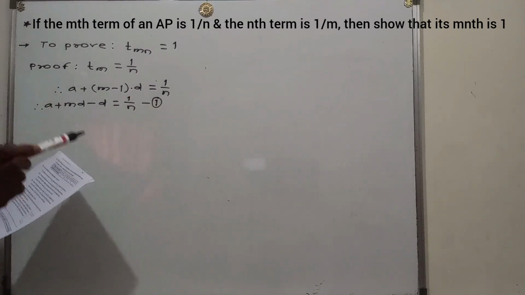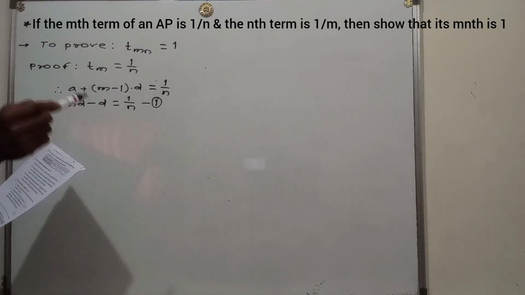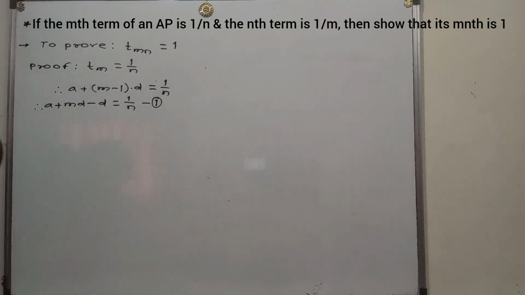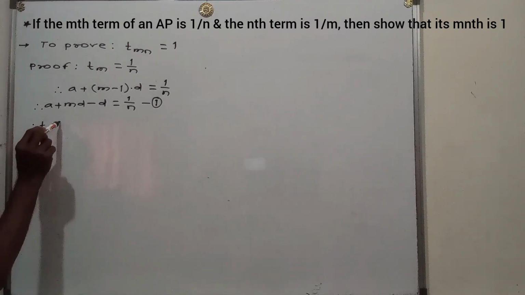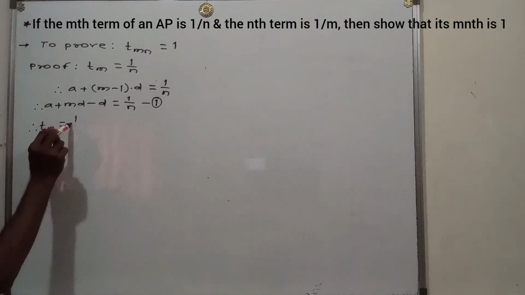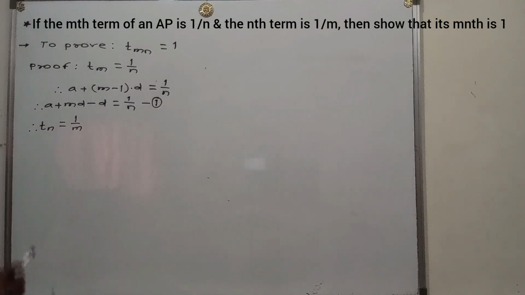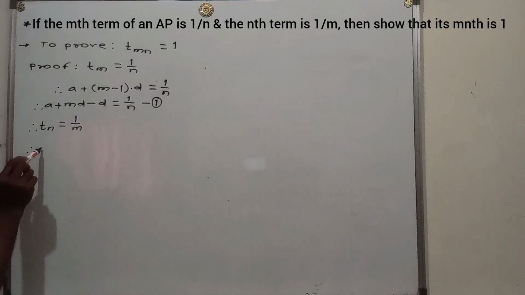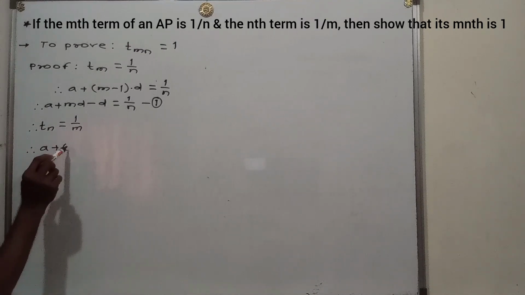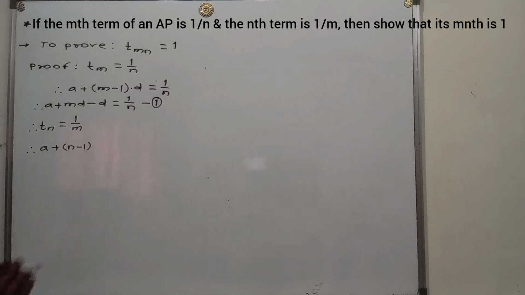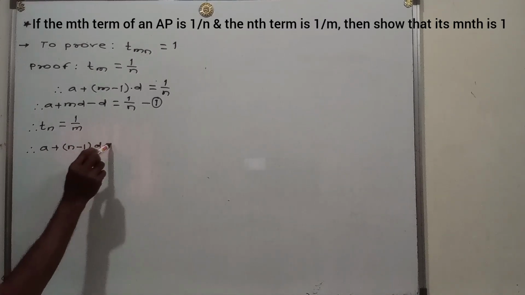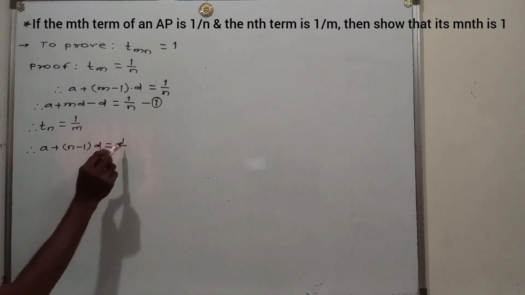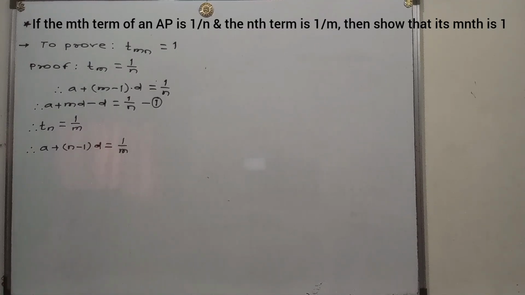Very simple. Now second, the nth term is 1 upon m. Therefore T_n is equal to 1 upon m. Then the formula for this, you know: a plus (n minus 1) into d is equal to 1 upon m.